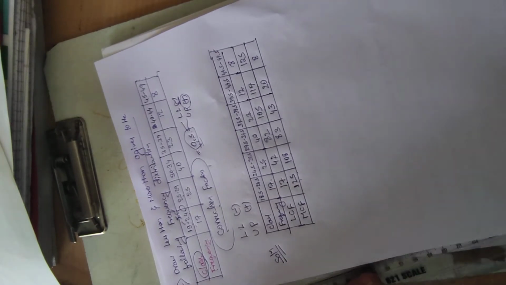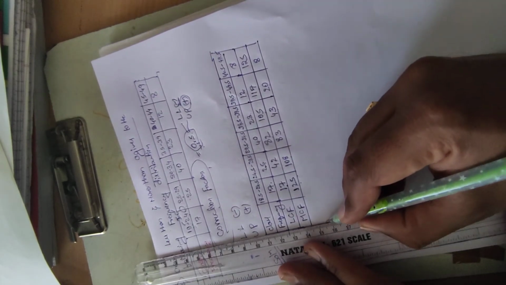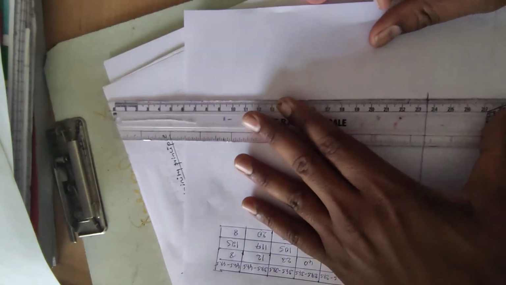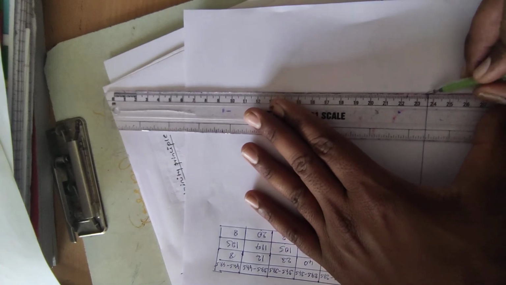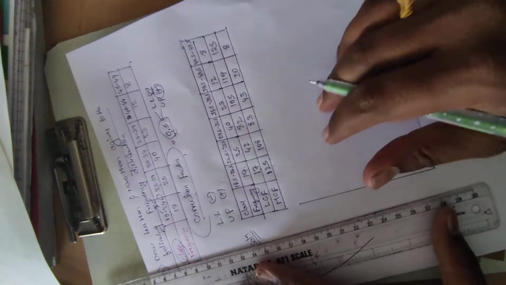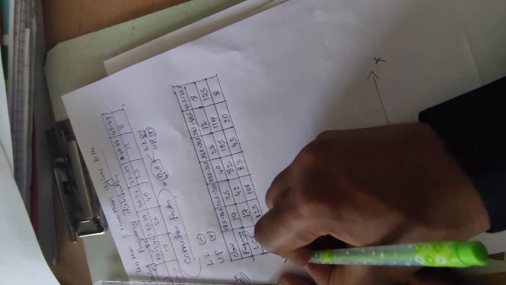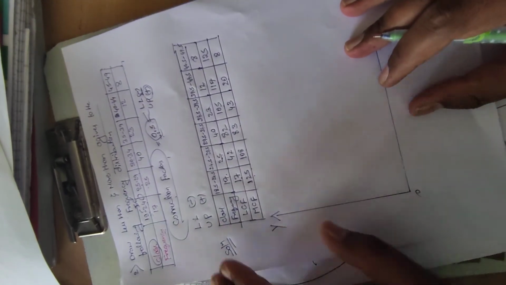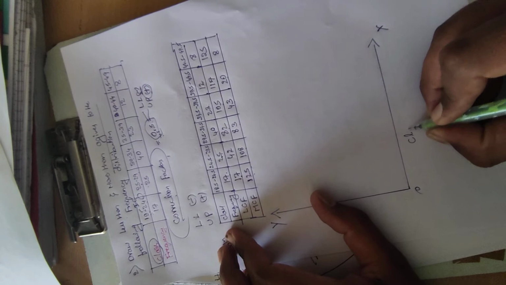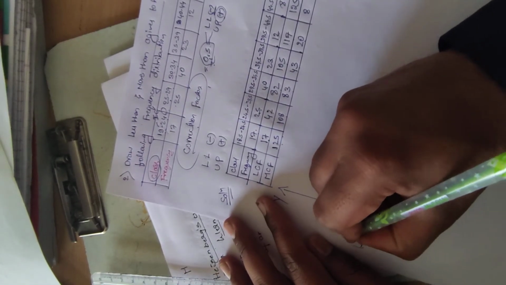So after identifying the LCF and MCF, next we have to draw an ogive. We use two axes, x axis and y axis. X axis is considering the class, y axis is considering the frequencies.